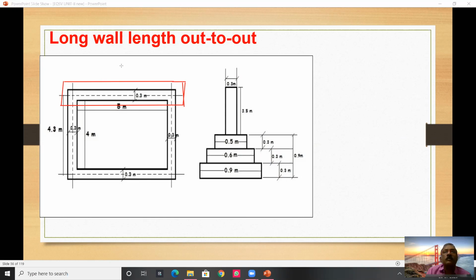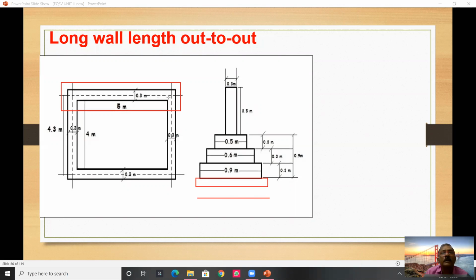Now, if you see, this is the excavation for the long wall. Here from the center 5.3 plus 1.2, because here you will have 1.2 as the width of this PCC bed excavation.